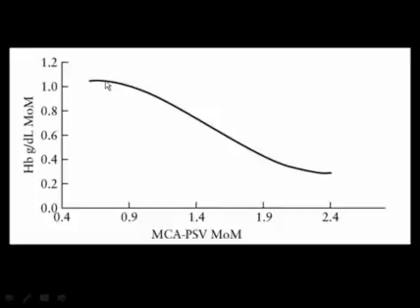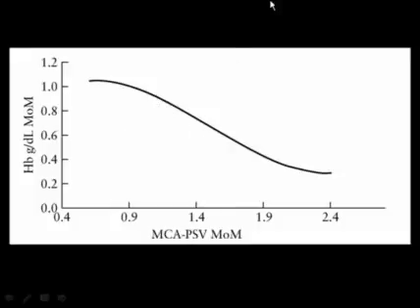The concept is that if the fetus is mildly anemic, the middle cerebral artery peak systolic velocity will not change much.